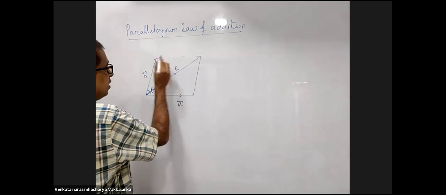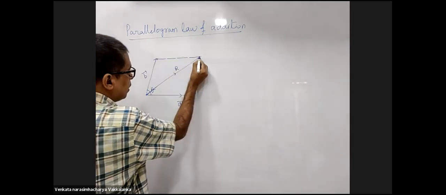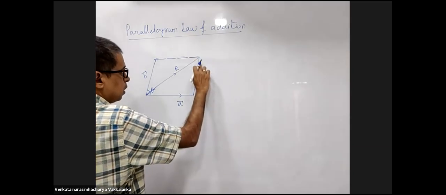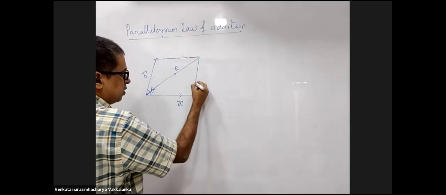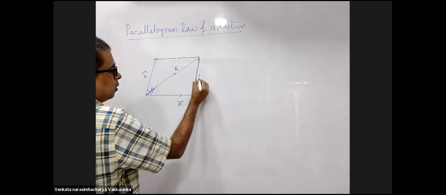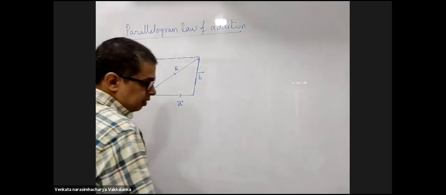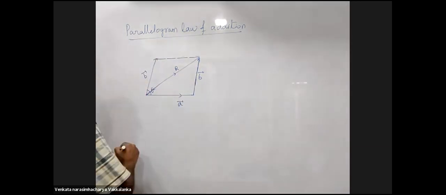How could you say that way? Observe this. Don't you think this B and this B are the same because this is a parallelogram? Does it look like a parallelogram?